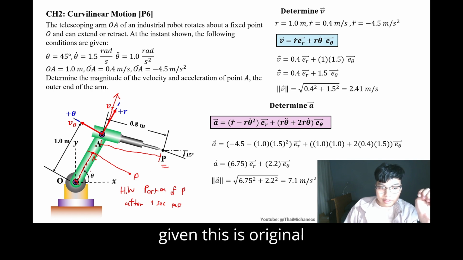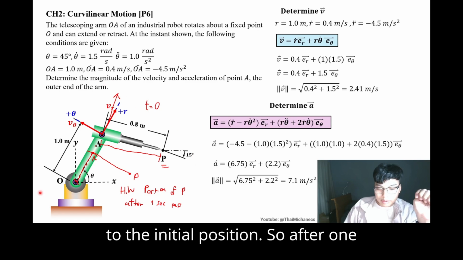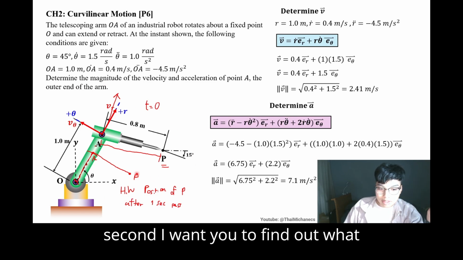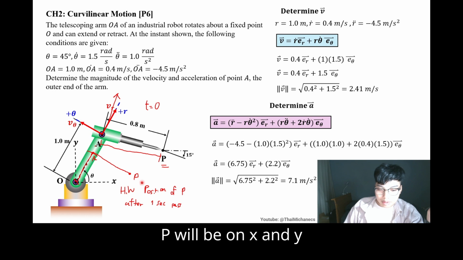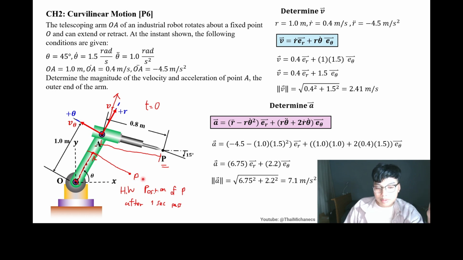Given this is the original position, t equal to 0, this schematic is referring to the initial position. So after 1 second, I want you to find out what P will be in X and Y coordinates. That's the first problem.